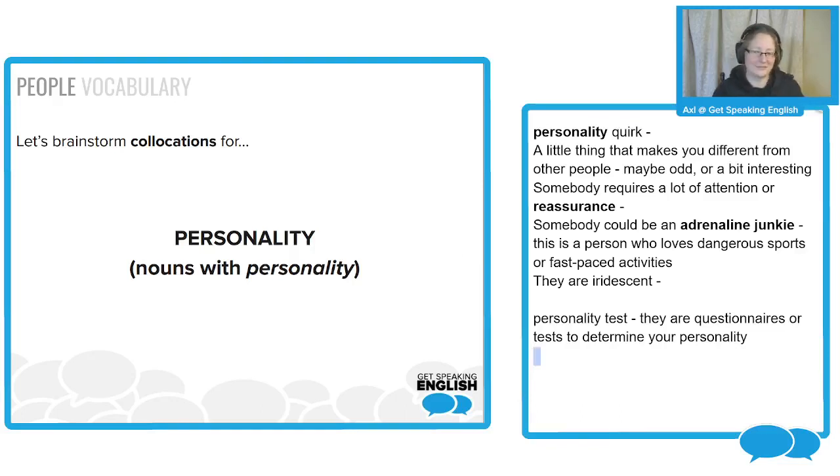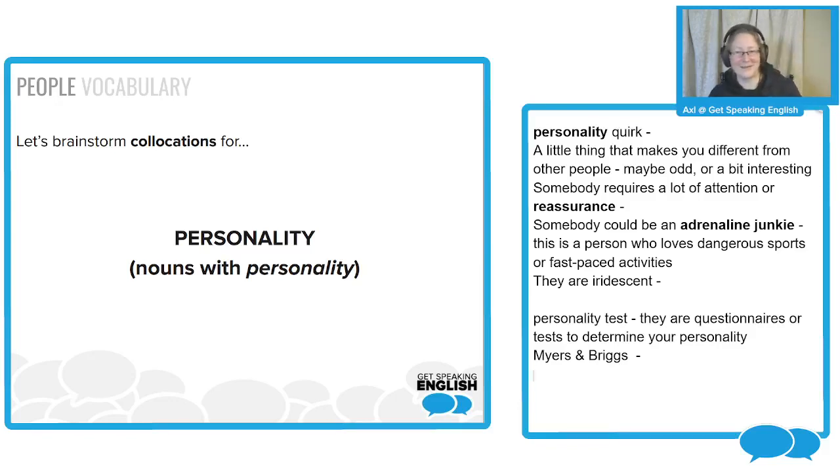Great. So, personality tests. Right, a questionnaire. For example, there's the Myers-Briggs, I guess. I don't know if it's necessarily the most common, but it seems to be one that a lot of jobs use in particular. There's a bit of a debate over how accurate they are.